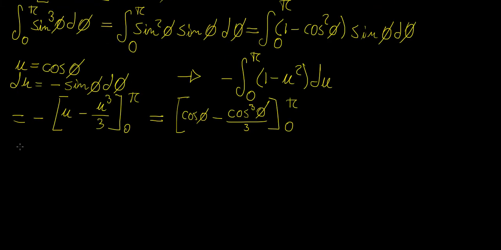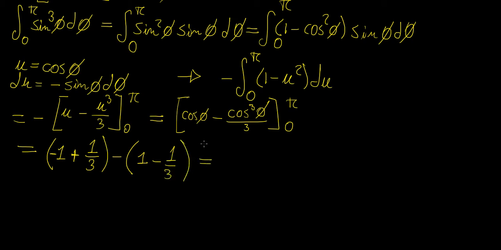So let's see what this gives us. Okay, so cosine of pi, that's 1, minus 1 over 3. And now, actually, cosine of pi is minus 1. So what am I talking about? It should be minus 1 here. We have minus 1 cubed, that's still minus 1, that becomes a plus. And then we have 0 here, so this is going to be minus 1. And if we put 0 in here, that becomes plus 1, so that's minus 1 over 3.